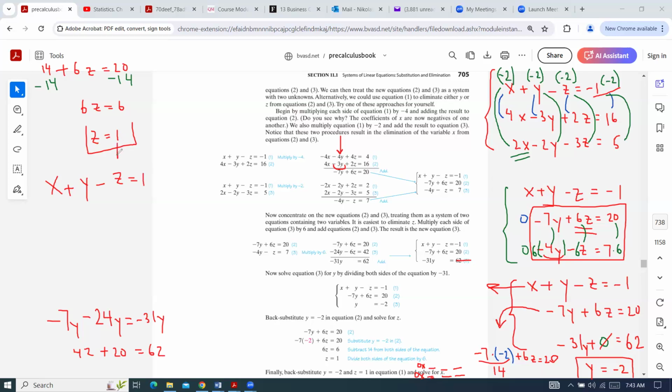So 1 I plug in here for z. 1 instead of z. And then also we found letter y. Y was negative 2. Okay. So I'm going to replace my y with a minus 2. But just plug them in the way they are. And see what we have.